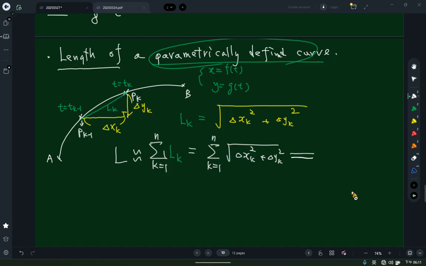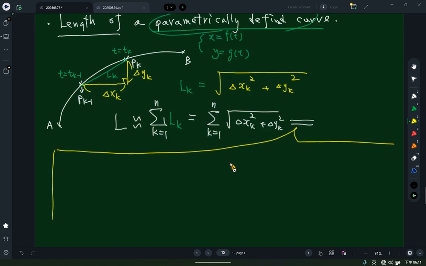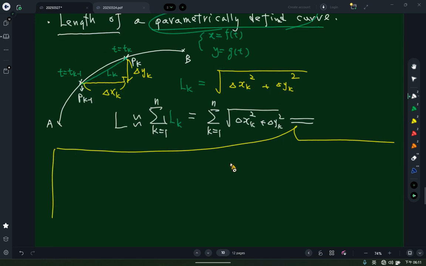Then we will have another inference. How can we convert delta x_k, delta y_k into the same parameter? We just focus on here. The L_k here can be expressed as the square root of delta x_k squared plus delta y_k squared.